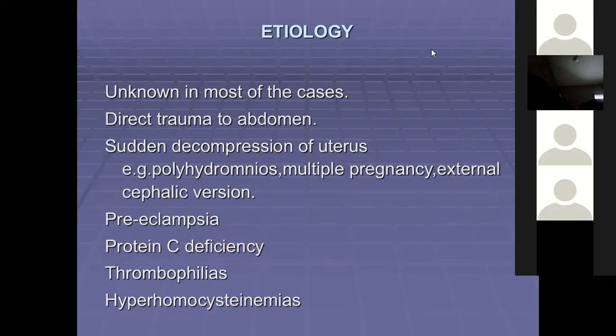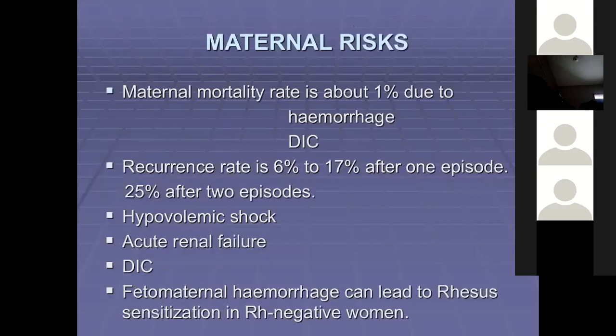Sometimes, but I must say most of the time, we have found patients who have preeclampsia suddenly develop abruption placenta. And in case of protein C deficiency or thrombophilias or hypercholesterolemia, in such conditions also there are chances the patient may develop placental abruption.